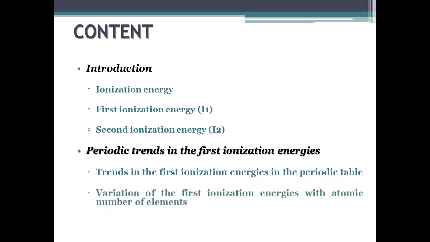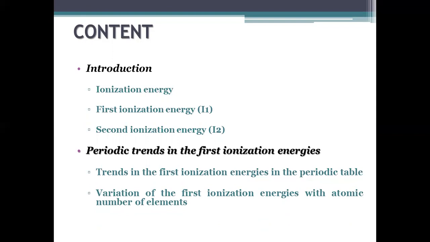And next, the variation of the first ionization energy with the atomic number of elements. The first ionization energy shows an impact according to the atomic number of the elements.